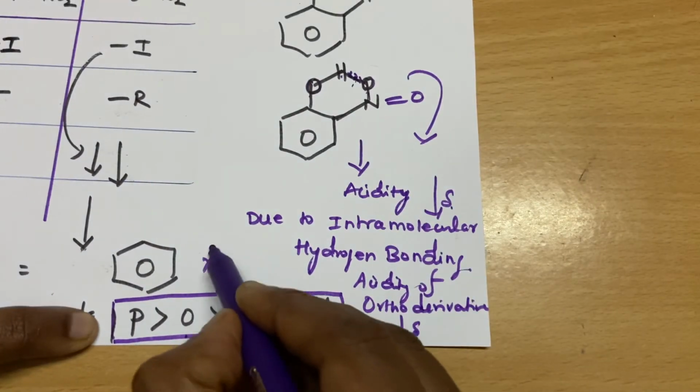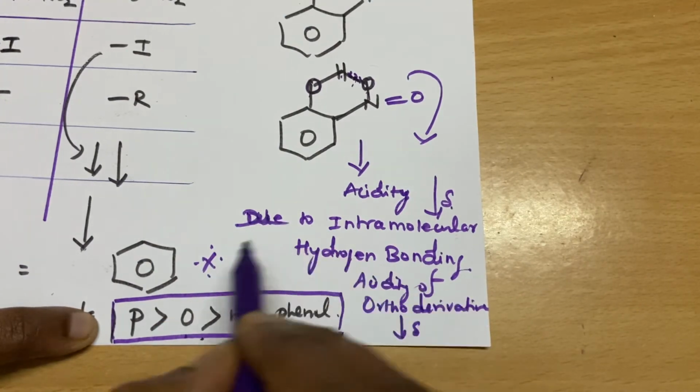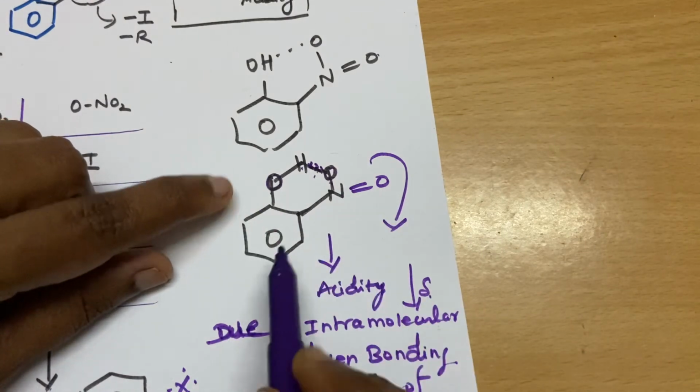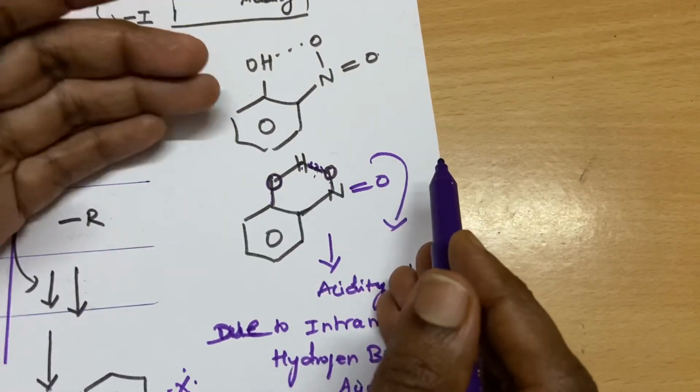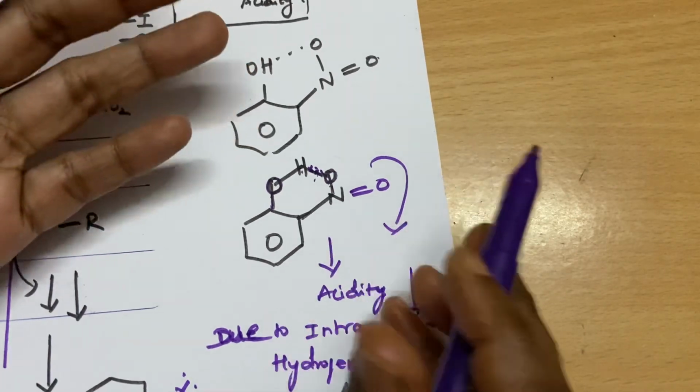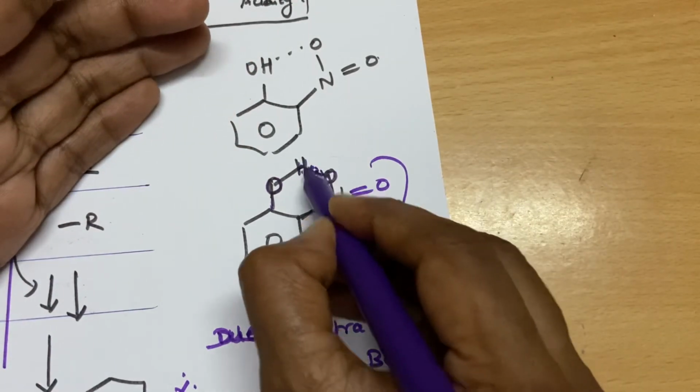This is very, very important. Students, please remember this. In ortho nitro, an excellent 6-membered hydrogen bonding takes place, and a 6-membered ring is the most comfortable, stable structure.